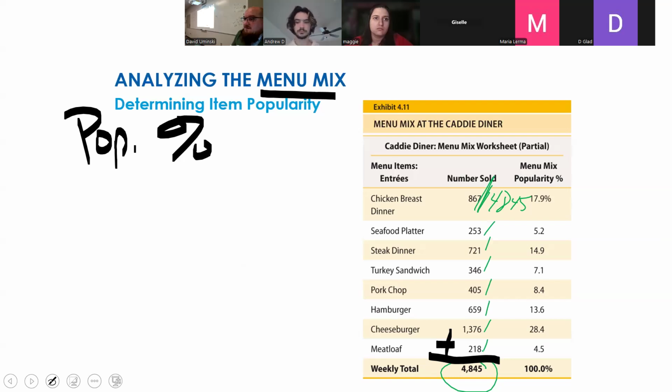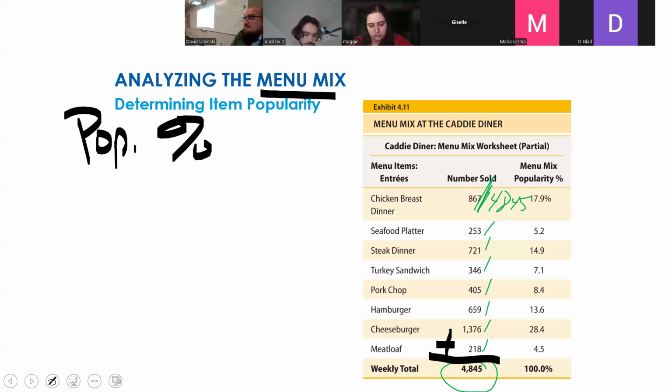So inside number 10, what exactly do we write? Number 10, the menu mix or the popularity percentage refers to how popular an item is on the menu.